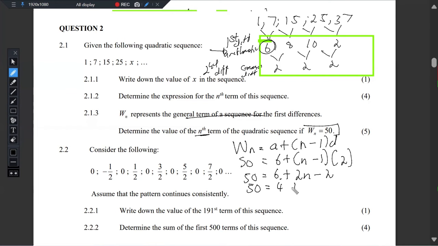We're going to have 4 plus 2n. Now we can take the 4 over to the side. That's 50 minus 4, which will give us 46, right? So I transpose the 4 over to this side, then 2n. Divide both sides by 2. So my n is equal to what? So my n is equal to 23, right? My n is equal to 23.